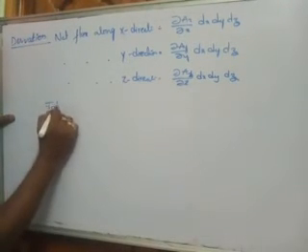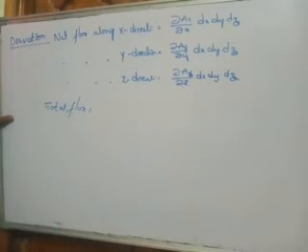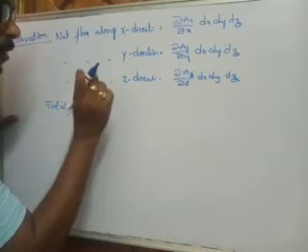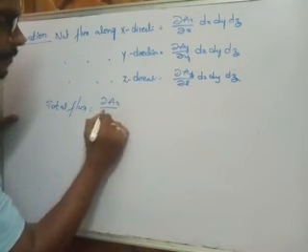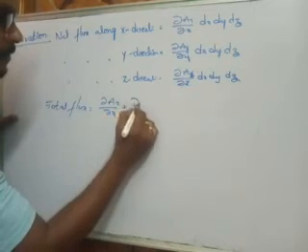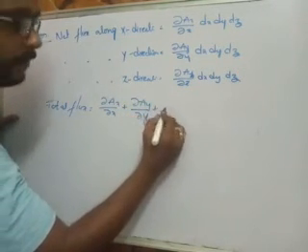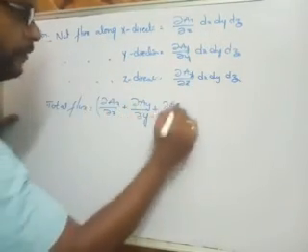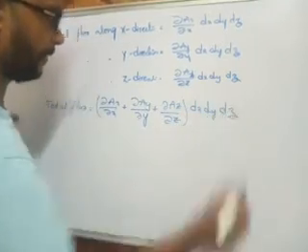Then the total flux for the small element can be written as dou Ax by dou x plus dou Ay by dou y plus dou Az by dou z into dx dy dz.